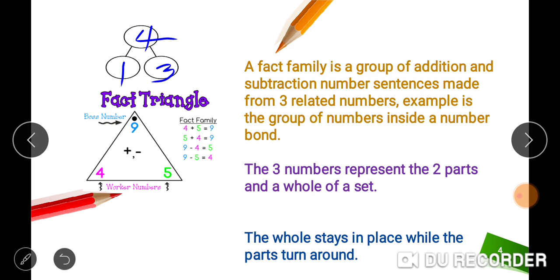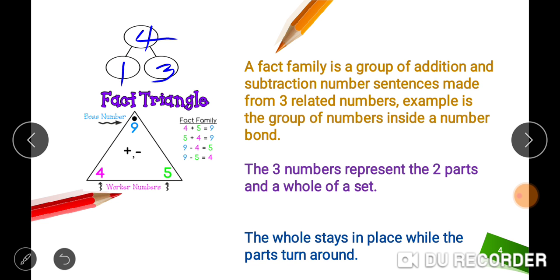The numbers inside this number bond, you can use them for addition and subtraction. For every fact family, you can have 4 number sentences, except when you have double numbers, but we will get to that.